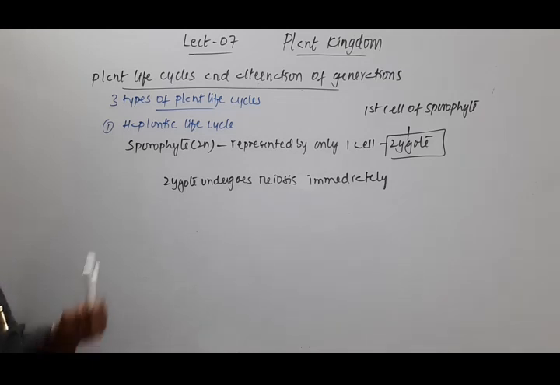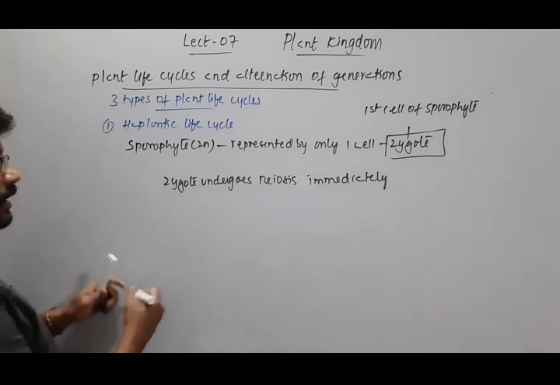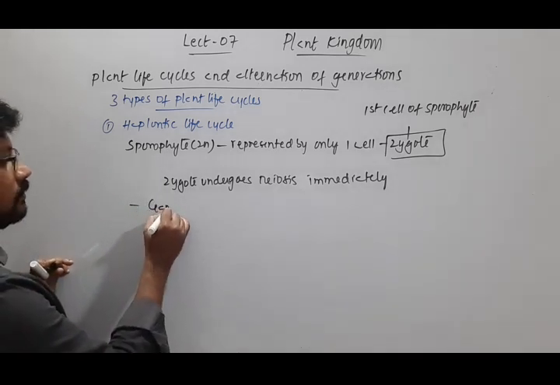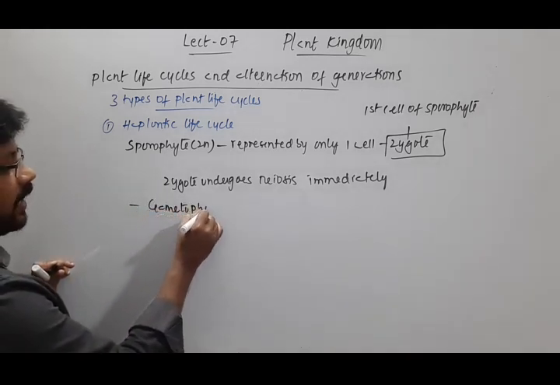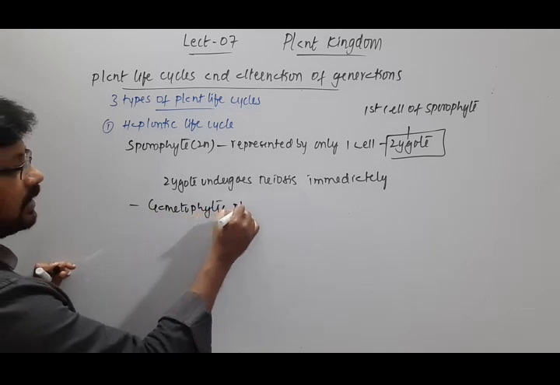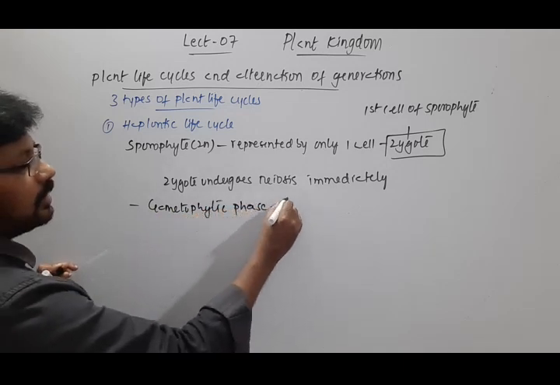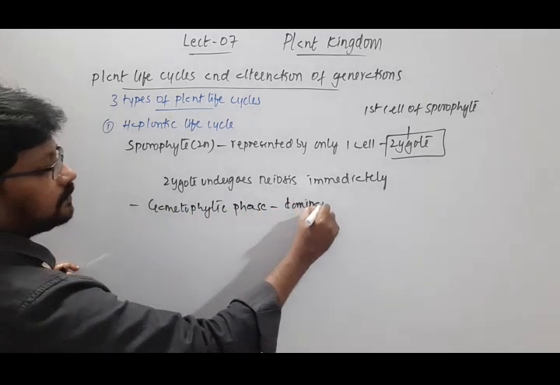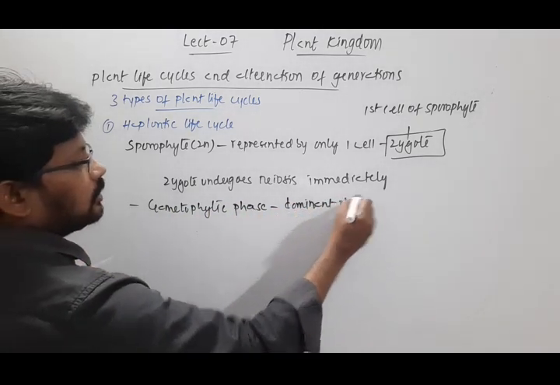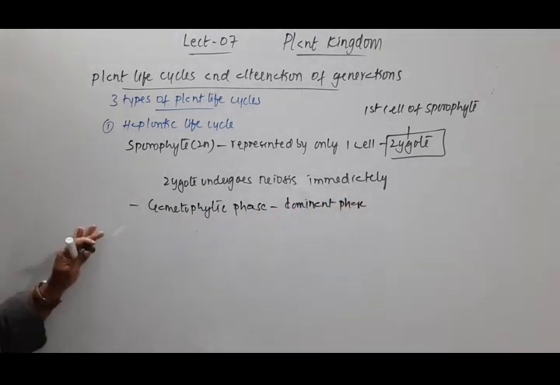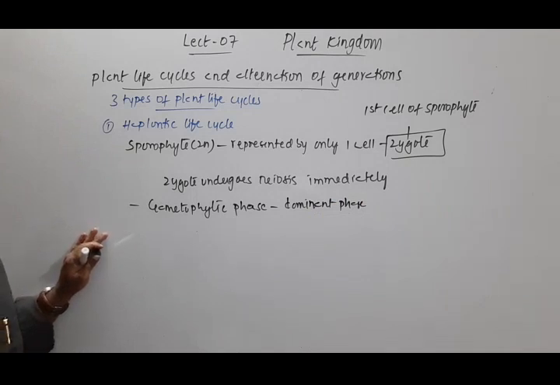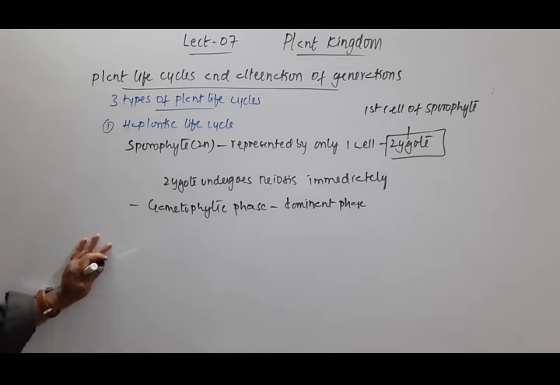So hence in this haplontic life cycle, the gametophyte or gametophytic phase is dominant phase. So it is a dominant phase. So most of the time the plant will be seen in the gametophytic phase only. So because of this we call it the haplontic life cycle.